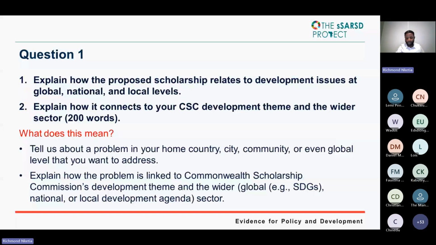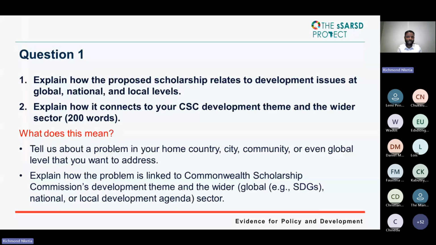All right, good. So back to the questions: explain how your proposed research or your proposed scholarship relates to development. These two questions are broken down to what I've written down there. The question is asking you to tell the problem in your home country or your city or your community or even at the global level that you want to address, and to explain how the problem is linked to Commonwealth Scholarship Commission's development themes, which Clinton spoke about, and the wider sector.